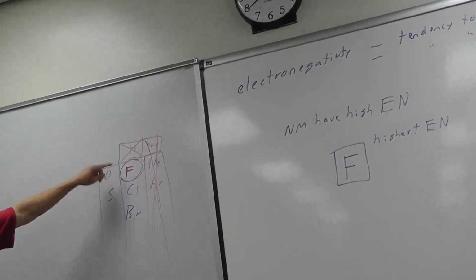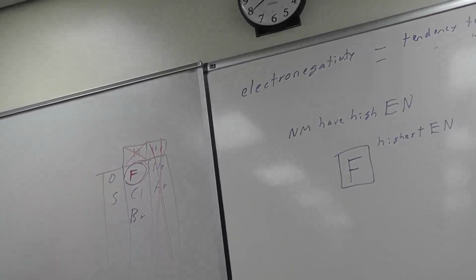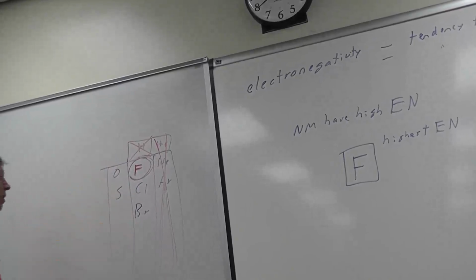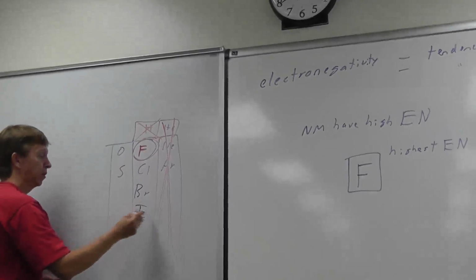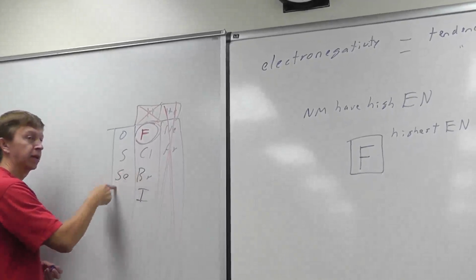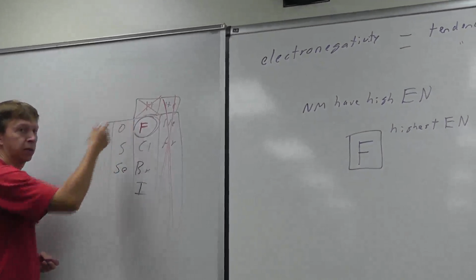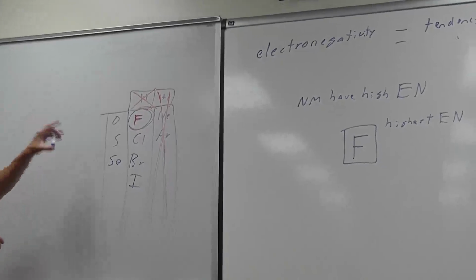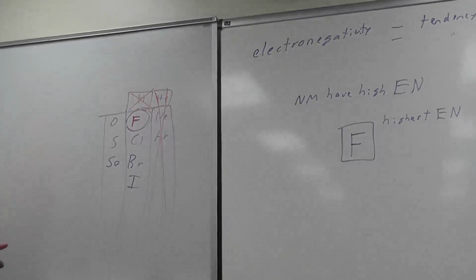And part of being fluorine-like is having a high electronegativity. So chlorine has a higher electronegativity than bromine. Bromine has a higher electronegativity than iodine. Bromine has a higher electronegativity than selenium. It's all proximity based. Your patterns can be read from the chart based on the fluorine reference point.